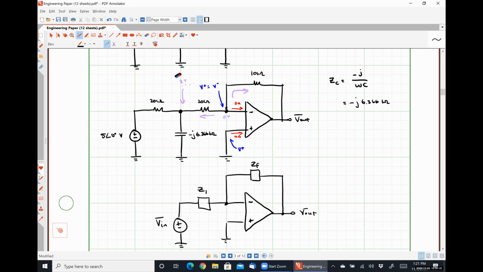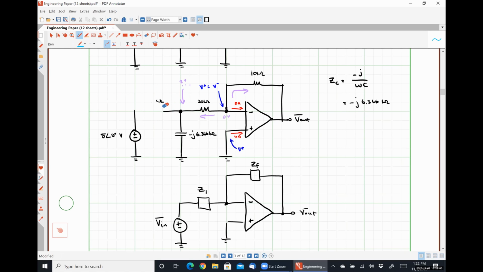Do any of you guys remember source transformation? So what I have here is a practical voltage source. Everybody okay with that?